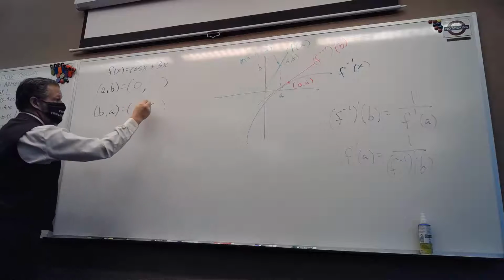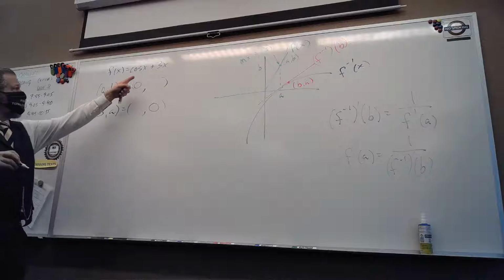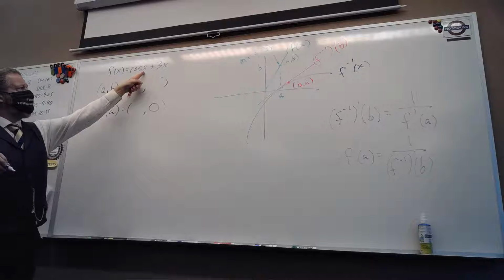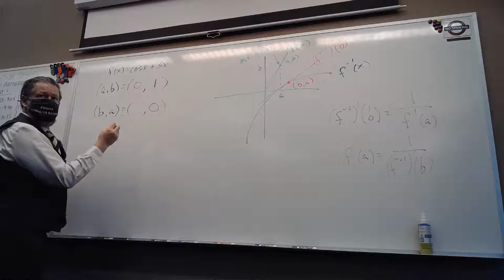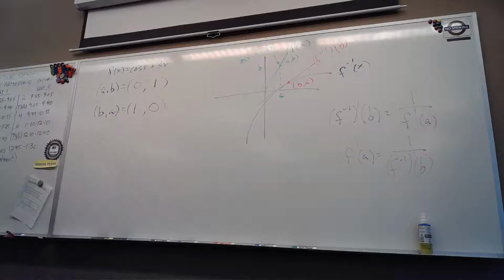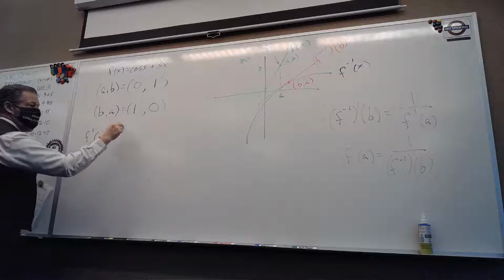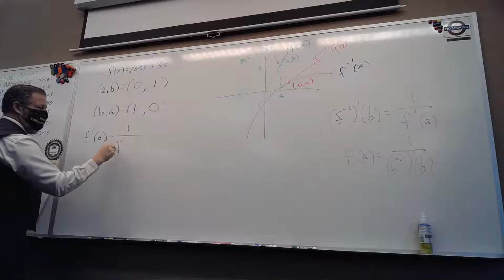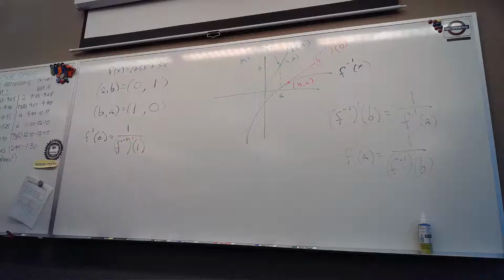Agreed? So what's b? Well, cosine of 0 is 1, plus 3 times 0 is 1, which means that b is equal to 1. So I now know my point. F prime of 0 must be equal to 1 over f inverse prime of 1. Agreed? I don't want to switch those.